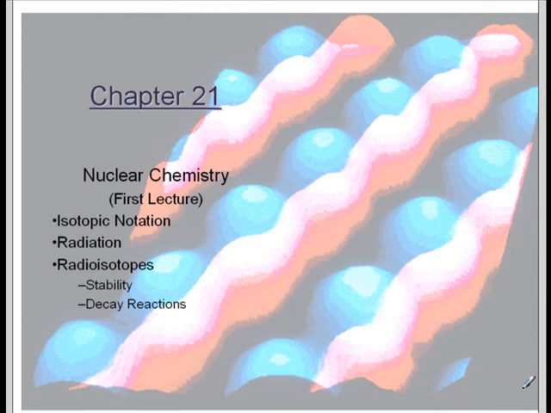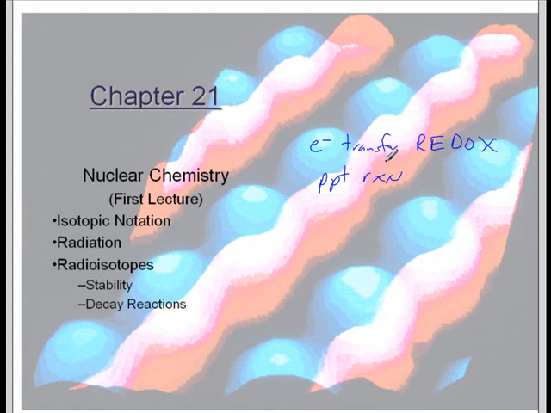Okay, the first thing I want to say about this chapter on nuclear chemistry is getting across the idea that this is a different type of chemistry. When we think about a typical chemical reaction, we have either electron transfer for a redox, or maybe a precipitation reaction, an acid-base reaction, or a combustion reaction.